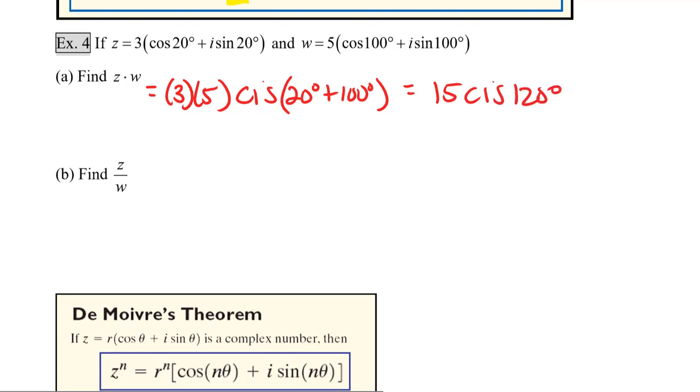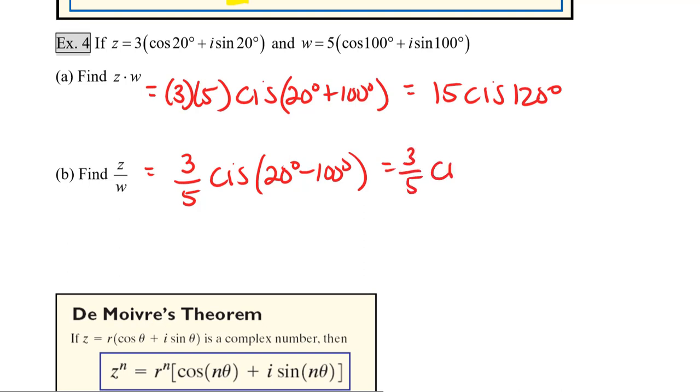Part B, we're going to find z divided by w, which means I'm going to divide my radii and I'm going to subtract my angles. So I have 3/5 cis negative 80 degrees. Now I hope you notice that we have a problem here.